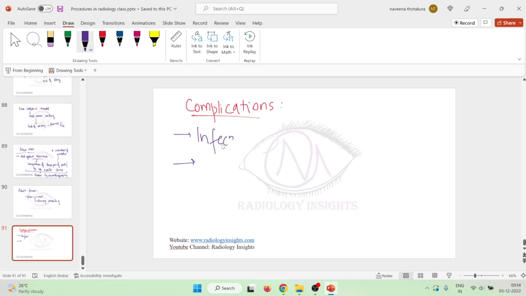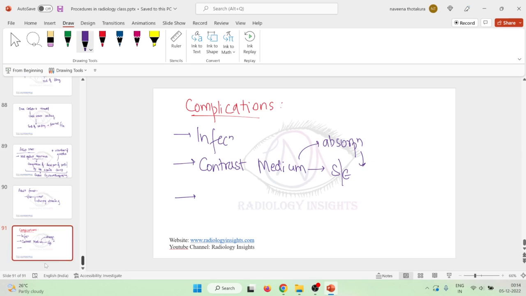Second, we are giving contrast medium to the patient through the catheter into the bladder. This can result in some side effects, because the contrast medium can be absorbed into the blood.